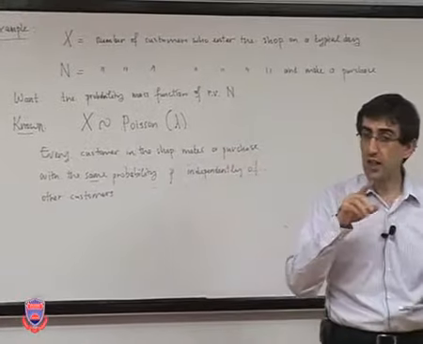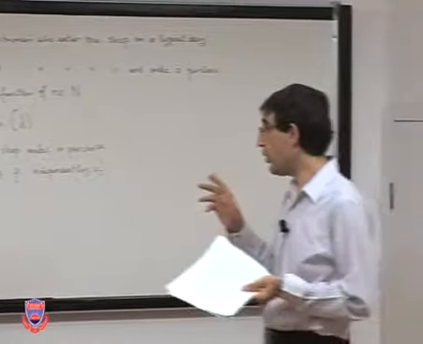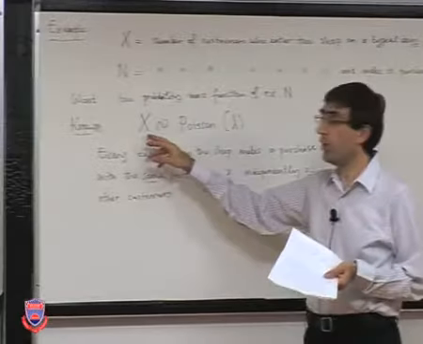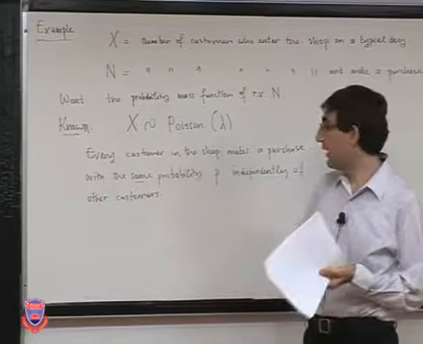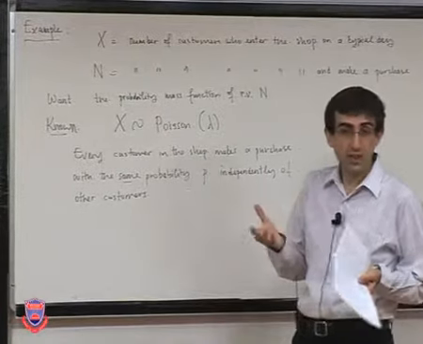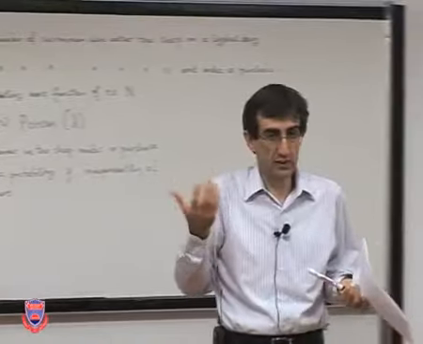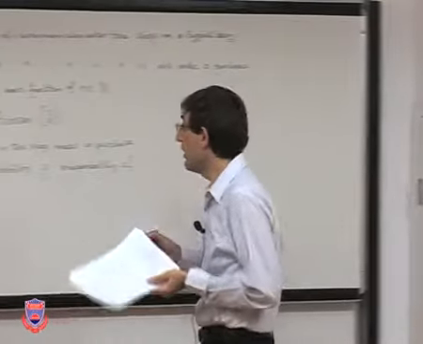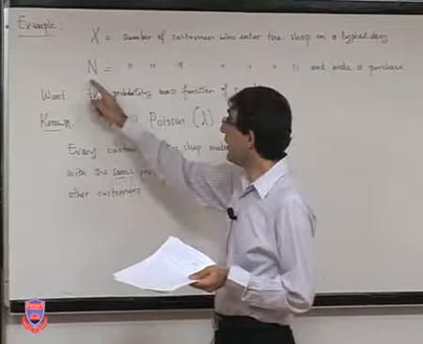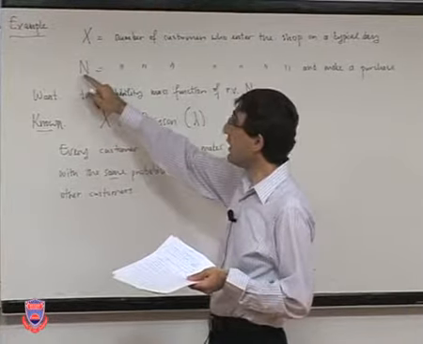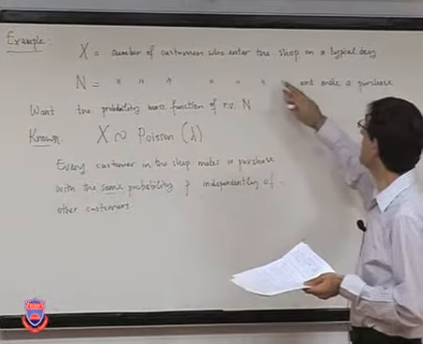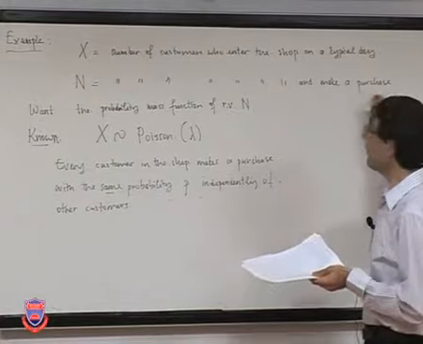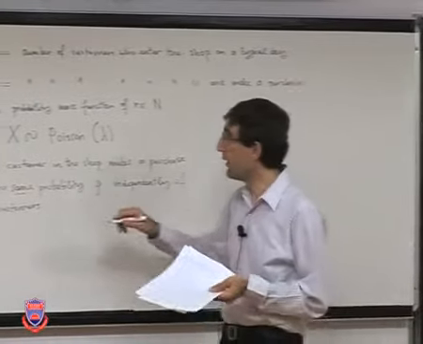These are, in fact, true only conditioned on the number of customers we have in the store. If there is nobody in the store, then none of this makes any sense. So in fact, this also gives us a hint about what the distribution of N, the number of customers who enter the shop and make a purchase, should look like.